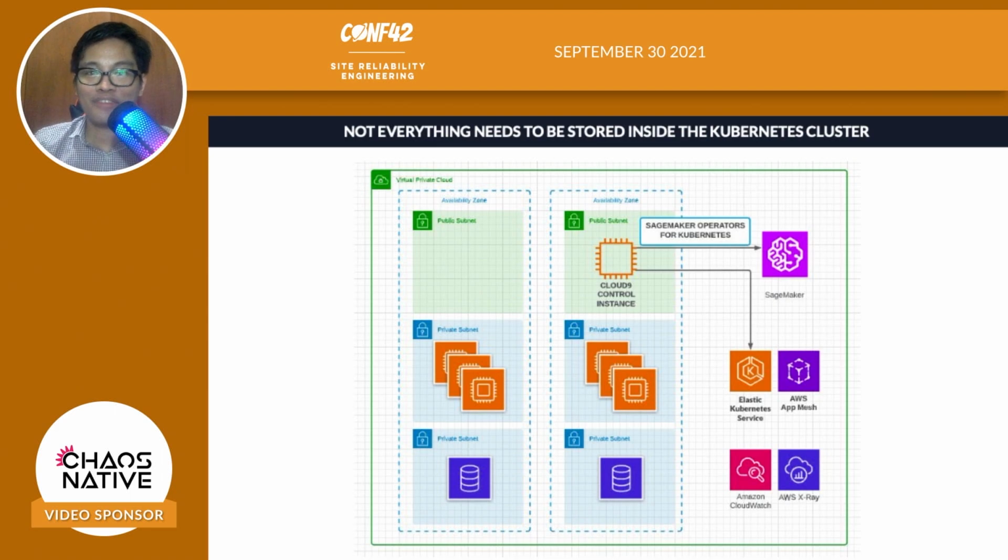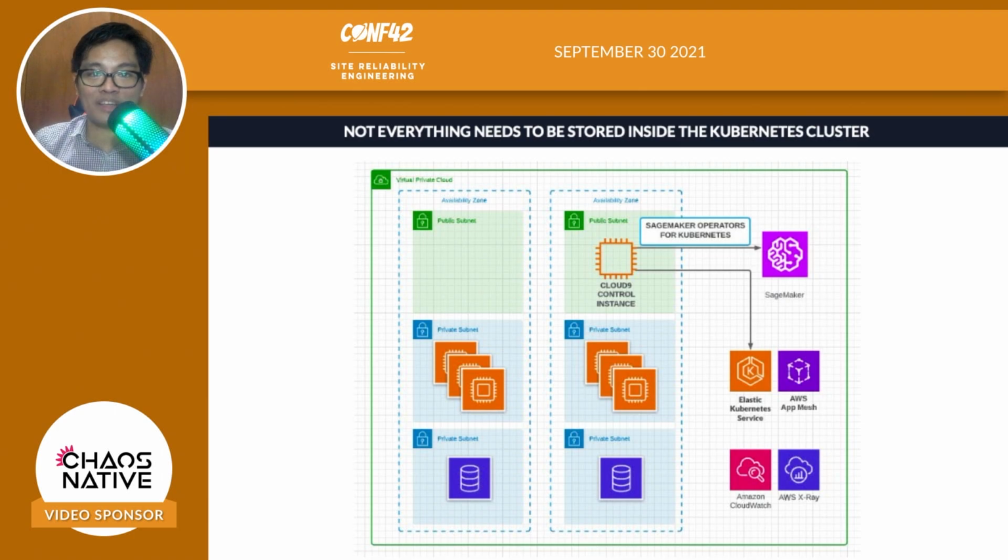But if there are other options available, let's say SageMaker, and it has proper integration with Kubernetes, in this example, you have SageMaker operators for Kubernetes, then you'll be able to delegate and transfer some of the workload to SageMaker so that you're pretty sure that it's managed there. And then there's less management burden inside your Kubernetes cluster, especially if you're dealing with a lot of services and workload there.